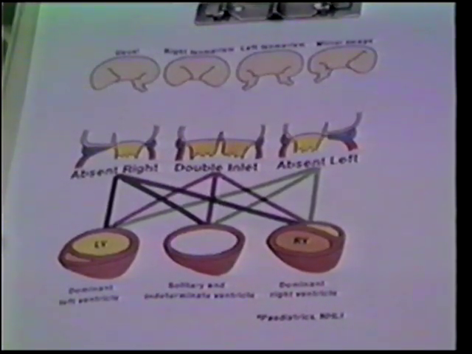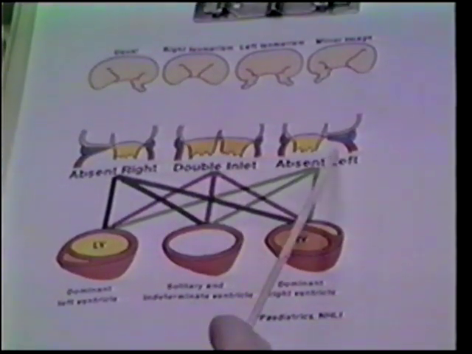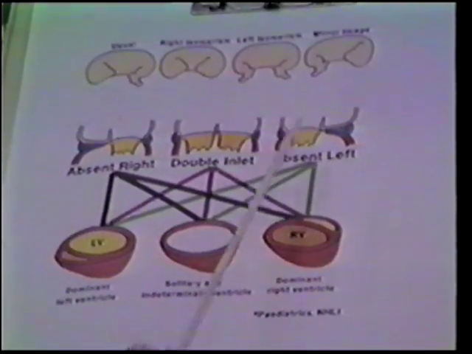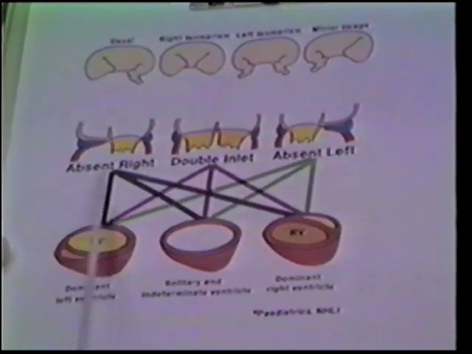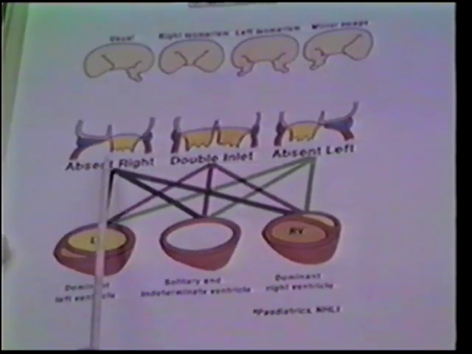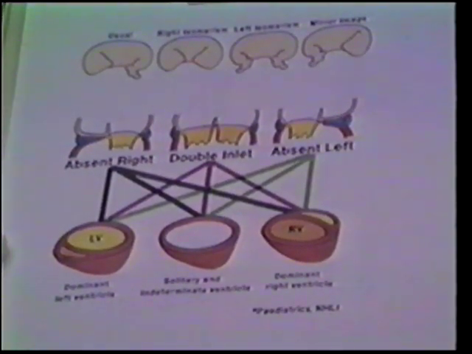As you can see on this chart, we have shown the heart with univentricular atrioventricular connection cut across to show the variation of atrioventricular connections.